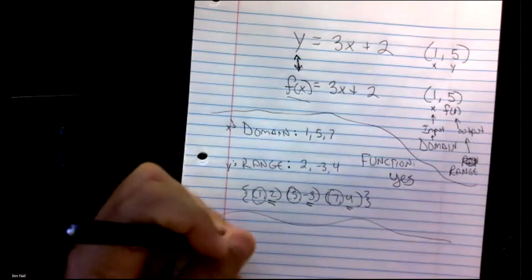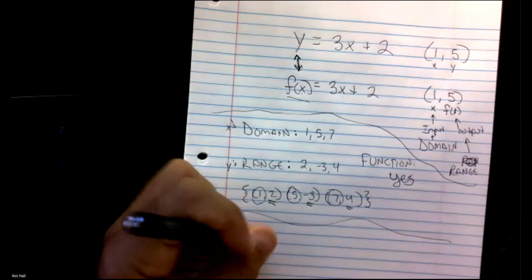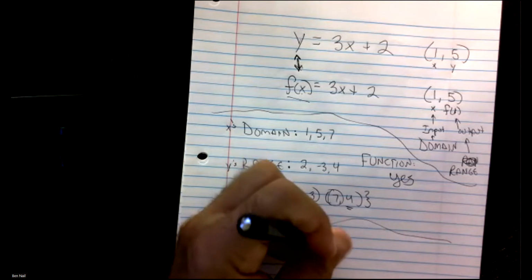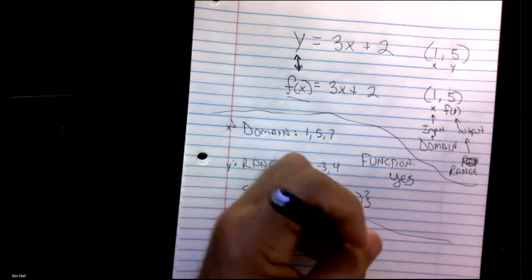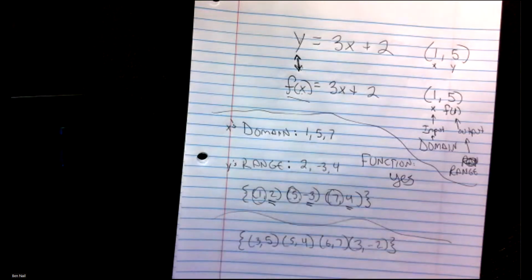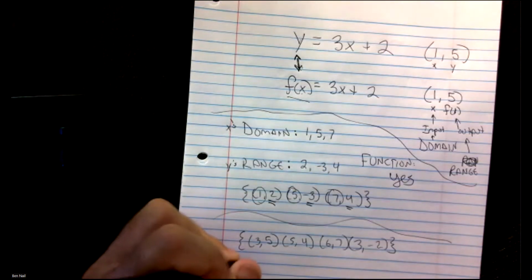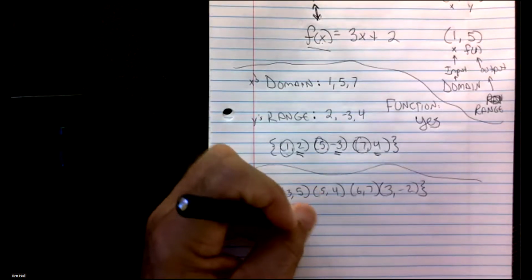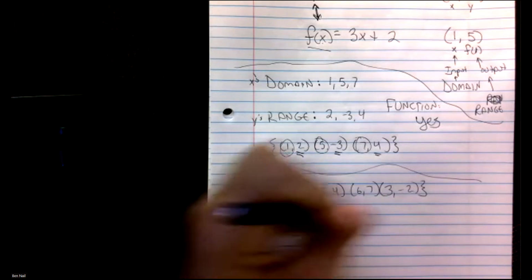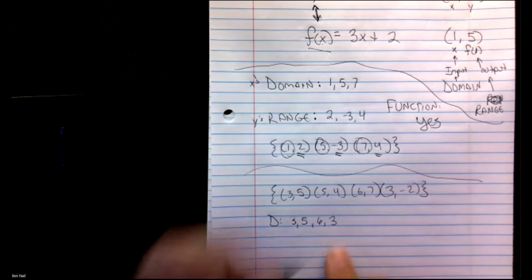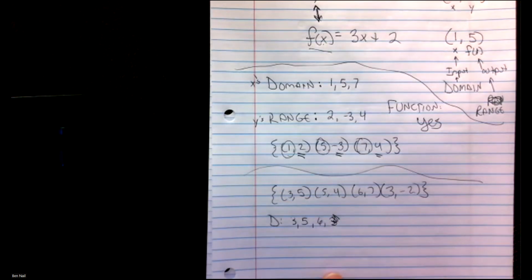So if we gave a different set of numbers, let's say I want to find the domain of 3 and 5, 5 and 4, 6 and 7, and 3 and -2. Again, domain, your x's, that would be 3, 5, 6, 3. Now, if you see the 3 twice, there's no need to write it twice. You can, but it's not necessary.